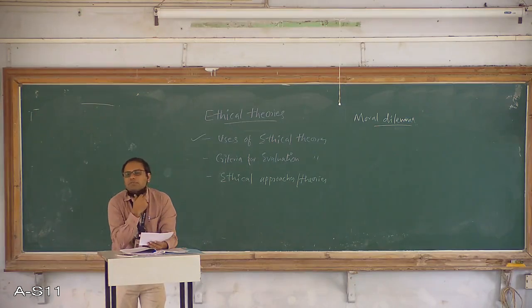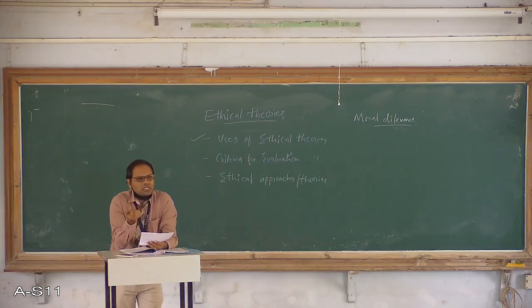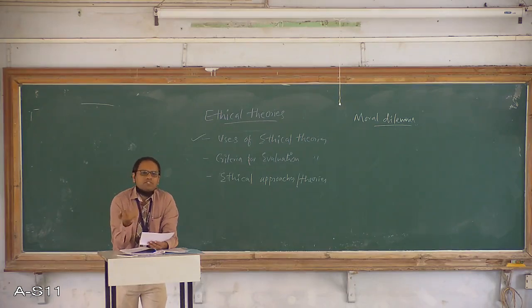So dilemma means a situation arises where a person has to take a decision, but there are some available alternative options that are conflicting. So it's difficult to accept any of the options because of the results they give.